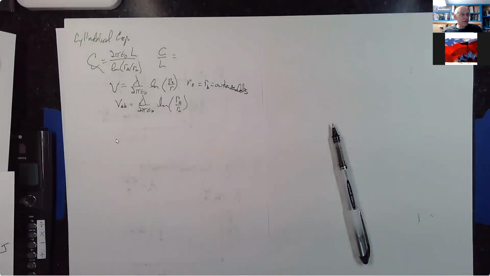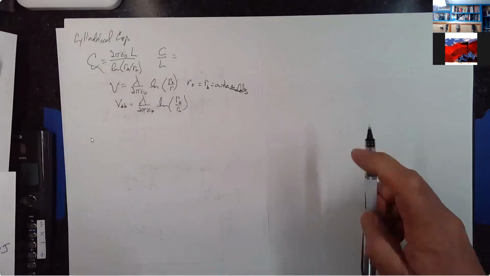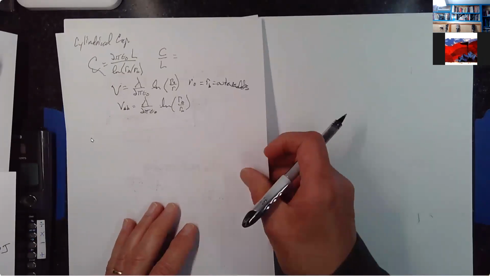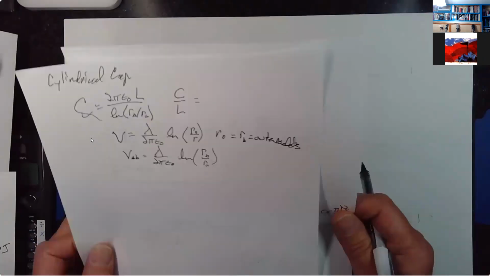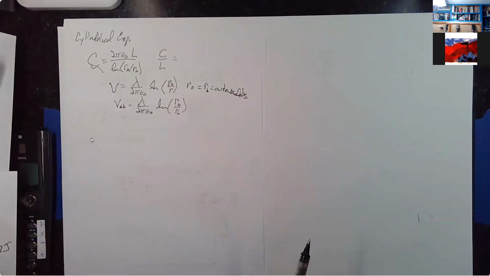Today, we're going to talk about something that can be done with capacitors. And I guess I'll still be writing on paper here for this, so we'll go ahead and do that. This has to do with, I had stuff up there on the cylindrical capacitor, which we may need for one of these.